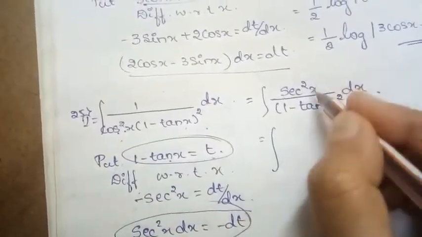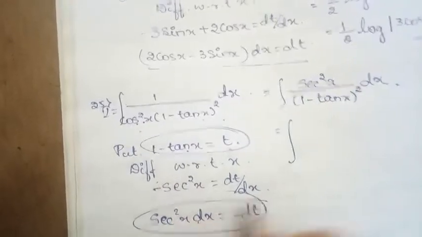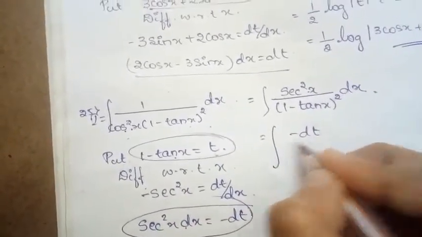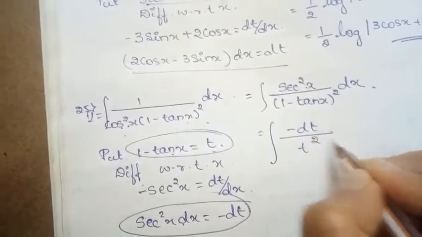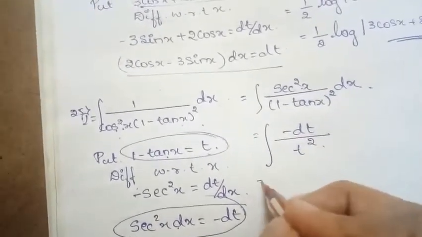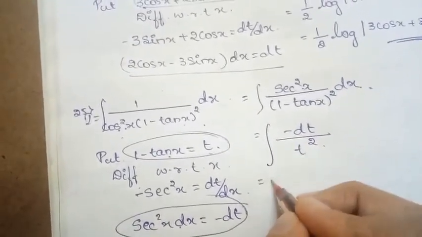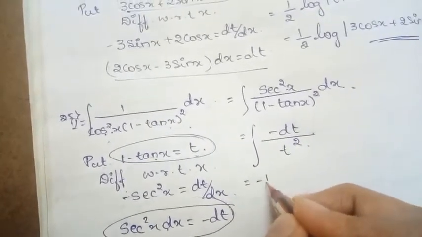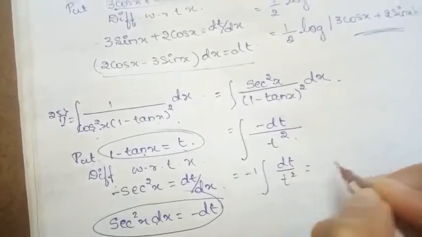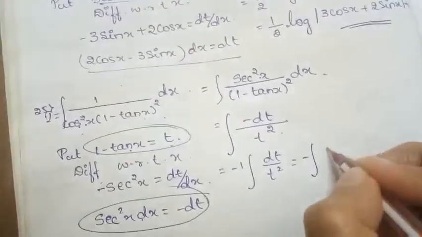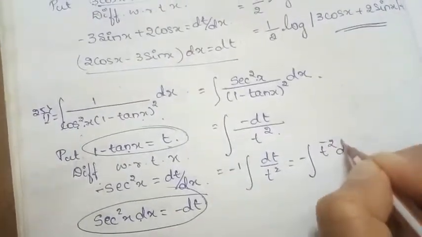So we got the value of t as well as dt for this question. Secant square x dx is nothing but minus dt, and 1 minus tan x, which I have substituted as t, becomes t square. I will take the minus 1 outside, so it becomes dt divided by t square. So I can write it as minus t to the power minus 2 dt.